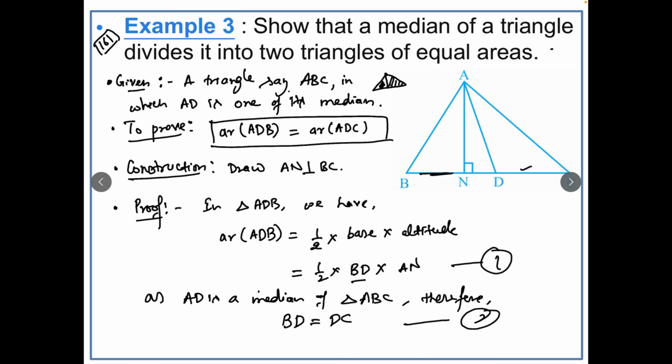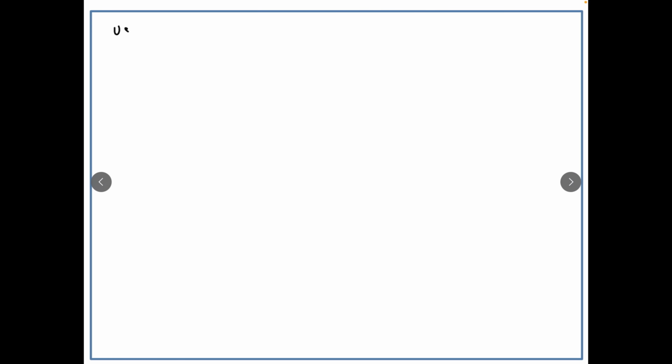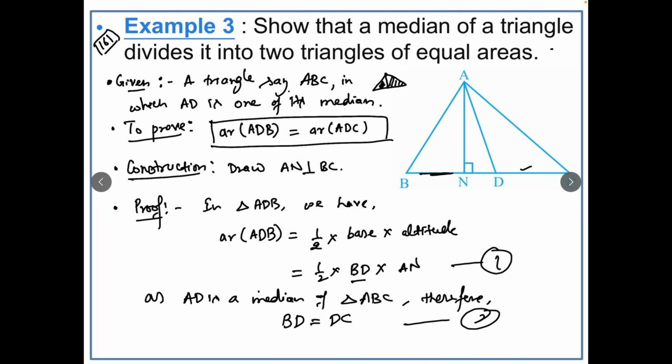Okay, we can use equation 2 in equation 1. We'll replace this BD by DC.